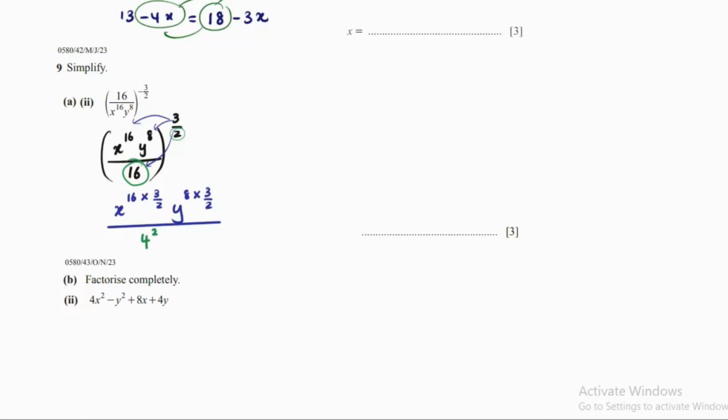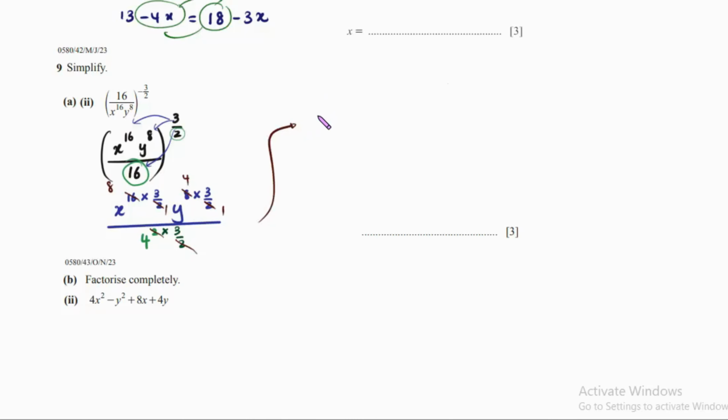This 4 to the power 2 gets multiplied with this fractional index as well, which is 3 over 2. Now we can clearly see this 2 and this 2 can get cancelled out, because it's like fractions where one is in the numerator and the other is in the denominator. I can cross that out. This 16 and 2 can be simplified as well by dividing both by 2. So this becomes a 1 and this becomes an 8. This becomes a 1 and this becomes a 4.